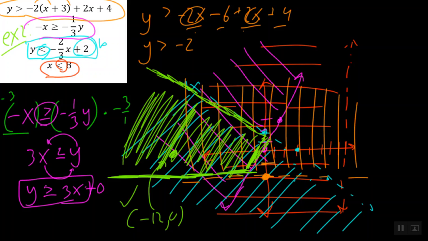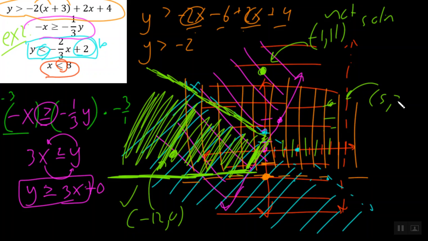But what about something that's not in that quad shaded region, like negative 1 comma 11? We know that is not a solution. What about something way over here, like 5 comma 3? It's also not in that quad shaded region, so that too is not a solution.